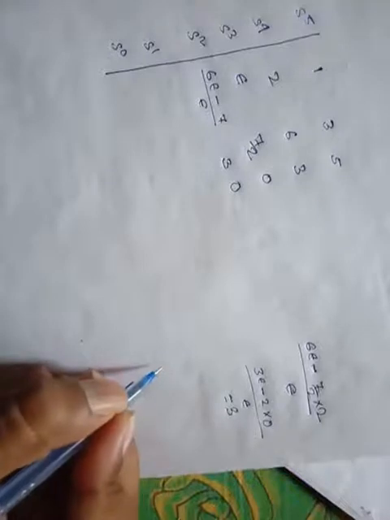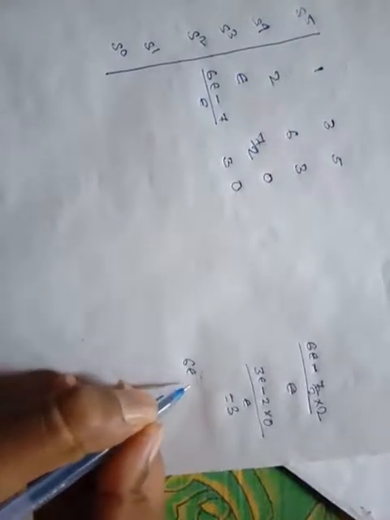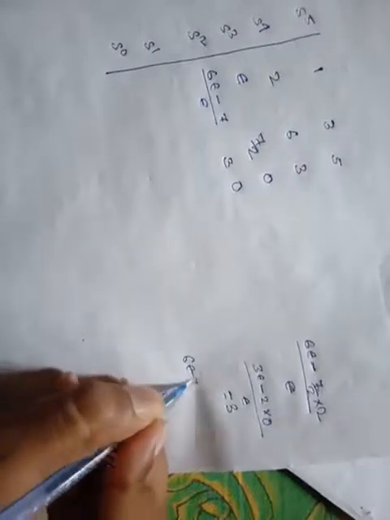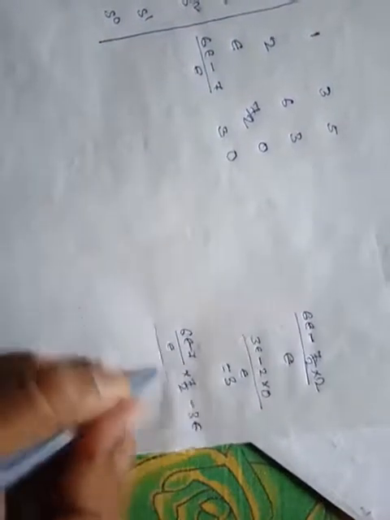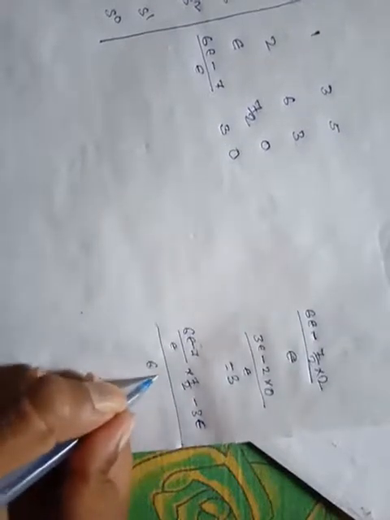Here 6 into epsilon minus 7 by epsilon is multiplied with 7 by 2 minus 3 into epsilon, divided by 6 epsilon minus 7 by epsilon.